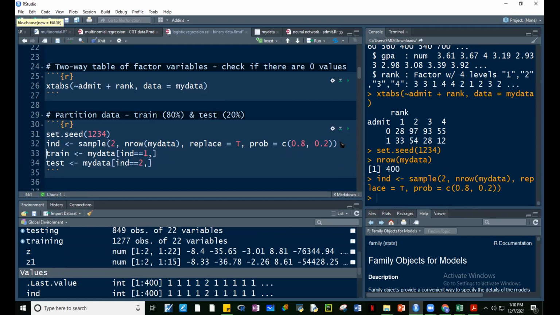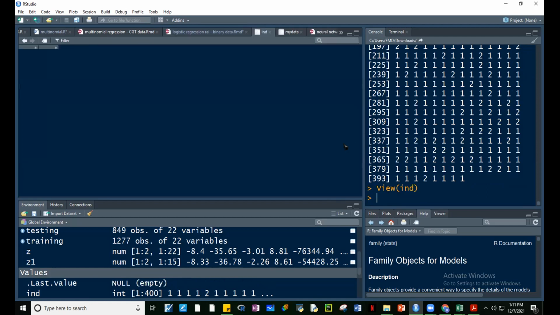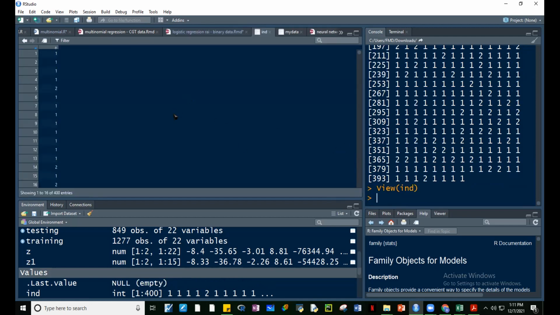Now we have ind. Let's first see what ind is. I'm going to type it here, ind. Maybe View, a better view, and then ind. Take note, guys, that you have here numbers 1 and 2.